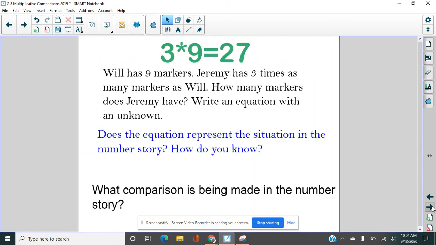Okay, here's another one, right? Will has 9 markers. Jeremy has 3 times as many markers as Will. How many markers does Jeremy have? Write an equation with an unknown. When we're talking about unknowns, we're putting in little letters.